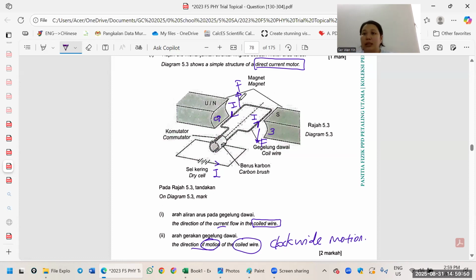Okay, let's say if they ask you to draw the catapult field, how? So this is north and this is south. Here got current. So the current going in means cross. Current coming towards you means dot. So let's say you see from here. This is what you see.